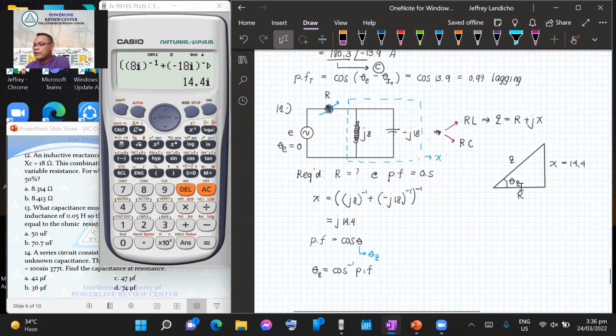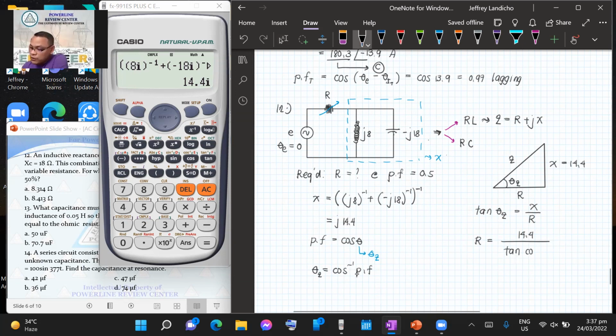So solving for the value of R using this impedance triangle, gamit ako ng tangent function. The tangent of the angle of impedance is equal kanino? X over R. So in that case, kuha na natin yung resistance. Ano net reactance? 14.4. I-divide natin sa tangent ng angle of your impedance, that is equivalent to power factor angle.